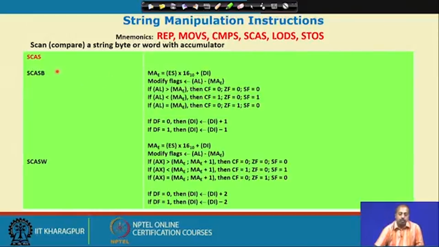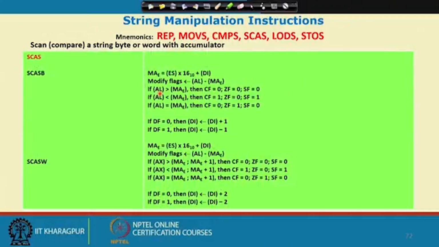It is not compared with any other source block, but with the AL register. Basically, in the AL register you can put a particular character and scan for that character in a string. That is a very common operation to find the occurrence of a character in a string, and it can be done by using this SCASB instruction.